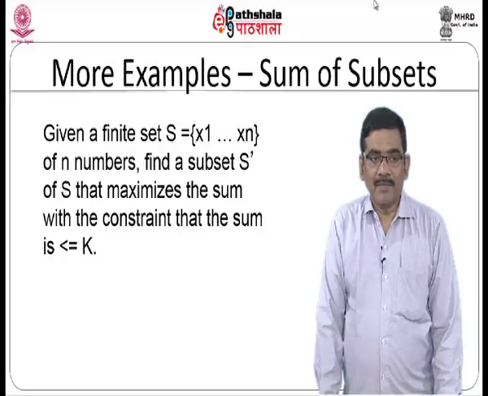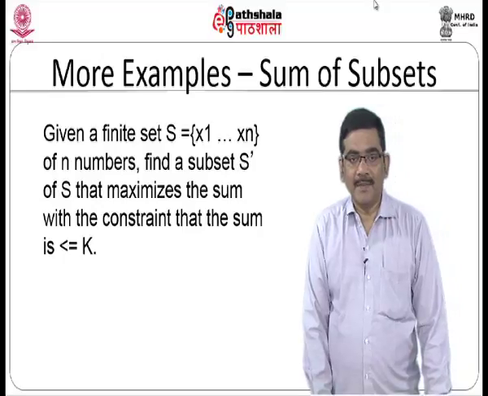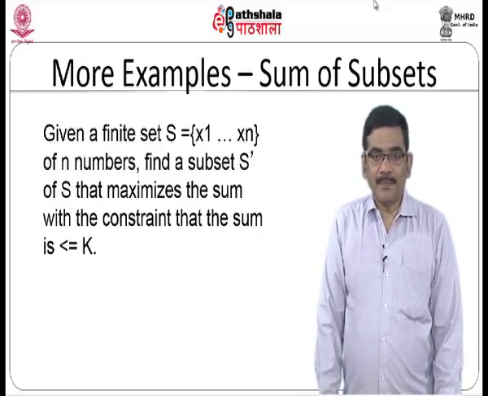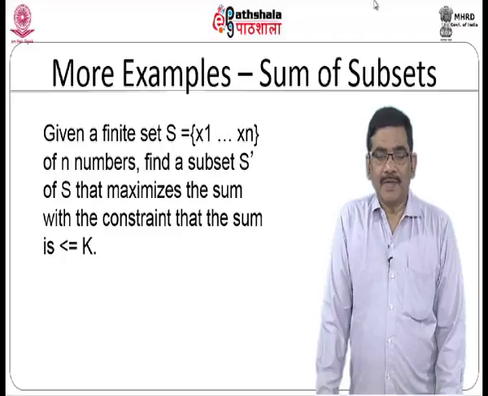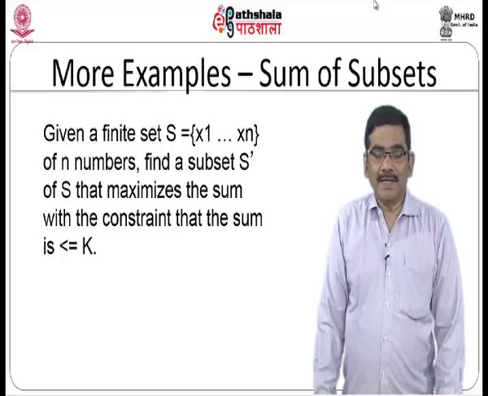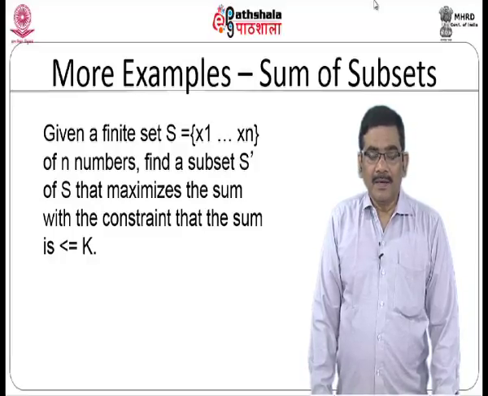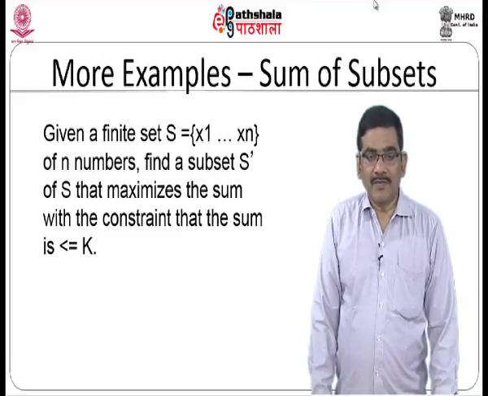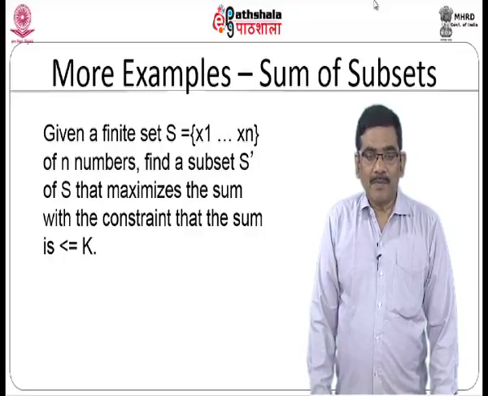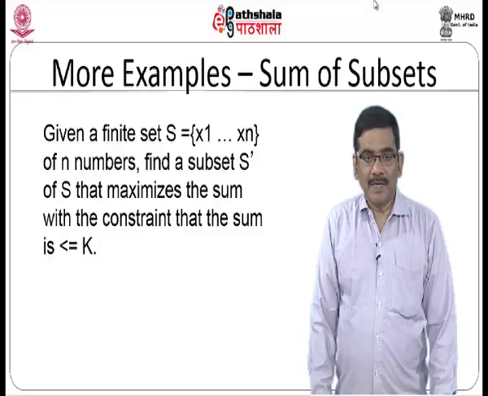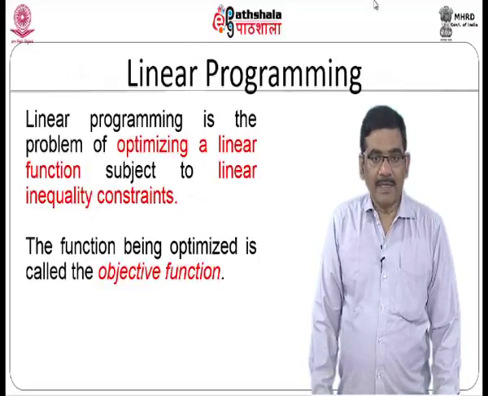In other words, if I have a set something like 5, 10, 15, 20, 40, etc., and the integer is 25, then I have to find all the sets that satisfy this constraint. So, I can take the set of 10 and 15 as a feasible set, because 10 plus 15 is 25, which is the given k. So, sum of subsets is another problem where you can design these sorts of greedy algorithms.